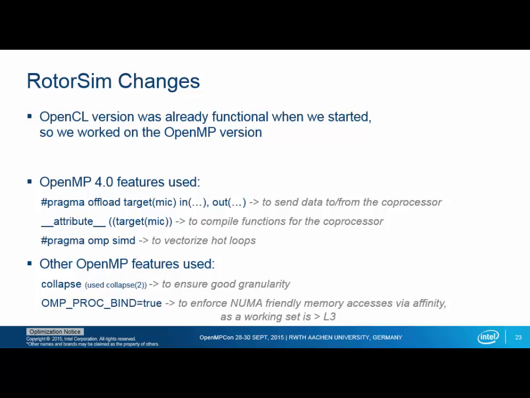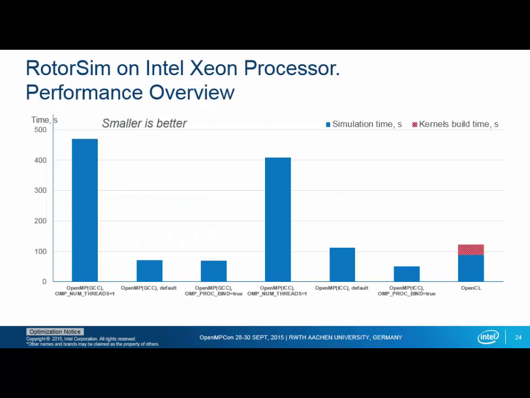Initially, RotorSim had only an OpenCL version, and our first step was to implement an OpenMP version. We used some compilers and OpenMP pragmas to implement this. We also found one more useful pragma, collapse, that helped us control the granularity of some loops. After we enabled the OpenMP version and received correct execution, we could see the overall performance picture.